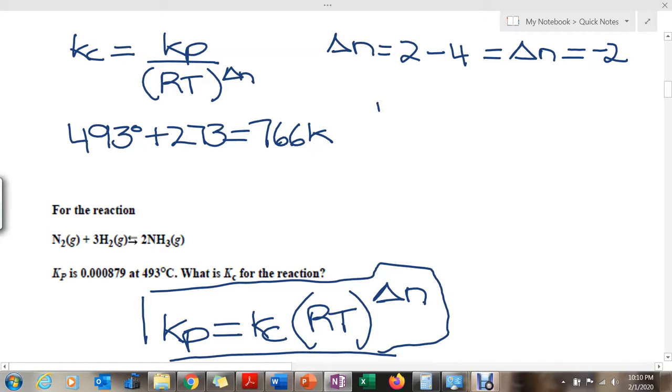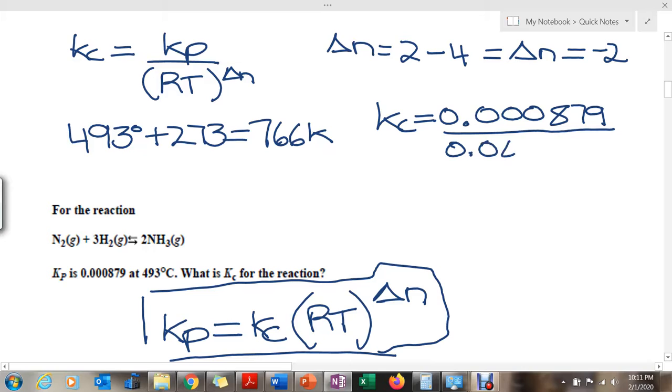So plugging in, Kc equals Kp, 0.000879, divided by 0.0821 multiplied by 766 Kelvin. You can use that constant, but if they give you the constant with more decimals, you need to use the one they're giving you.